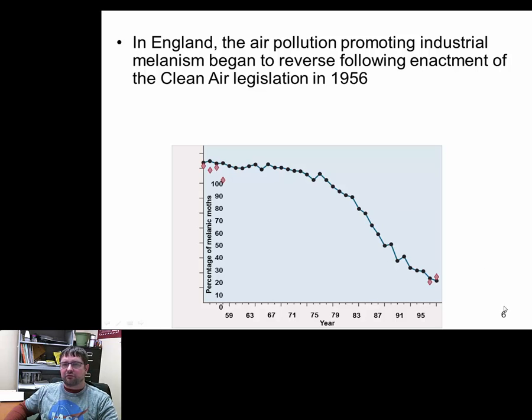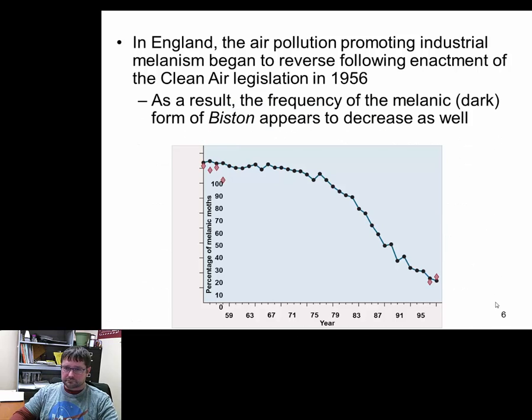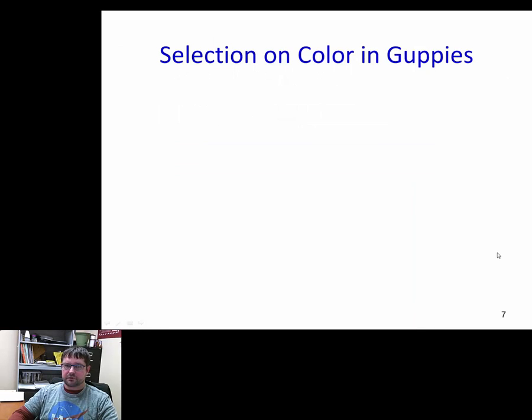It's just they occurred in very small populations because birds were picking them off of the habitat. And so, like I said before, the results clearly show that the percent of dark or melanic Biston betularia decreased as you get decreases in air pollution.